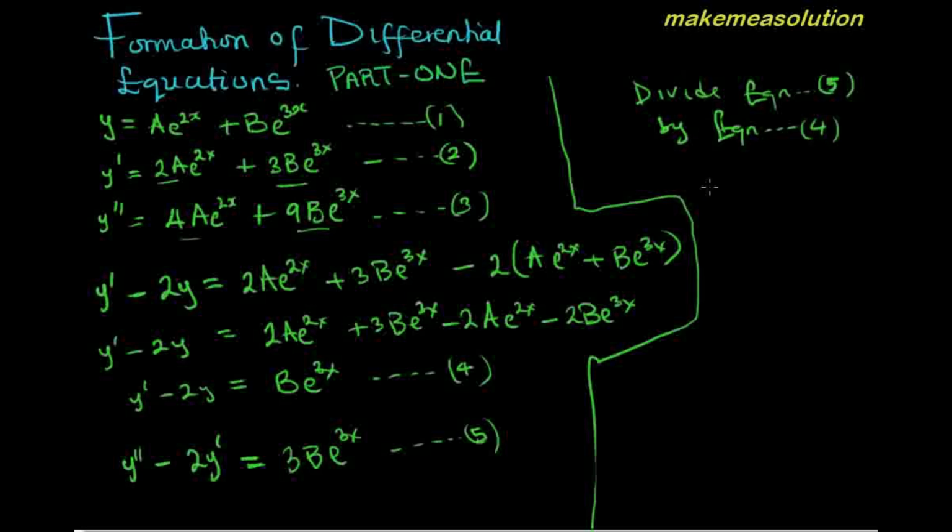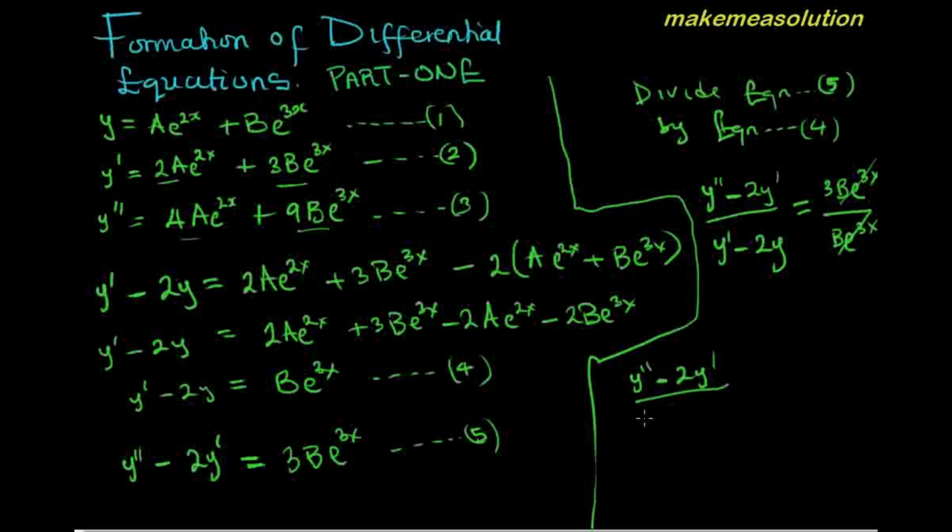So when I divide equation 5 by equation 4, I'll have y prime prime minus 2y prime all over y prime minus 2y is equal to 3b exponential 3x divided by b exponential 3x. So this cancels out this. Are we together? So I'm now left with y prime prime minus 2y prime all over y prime minus 2y is equal to 3, so over 1.